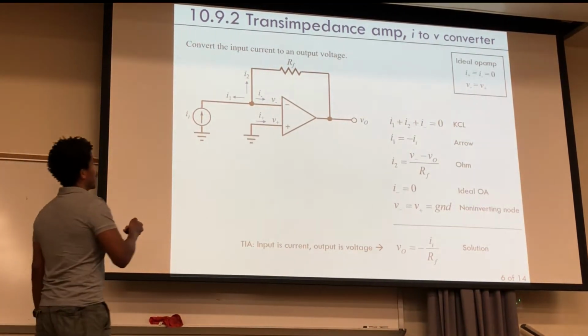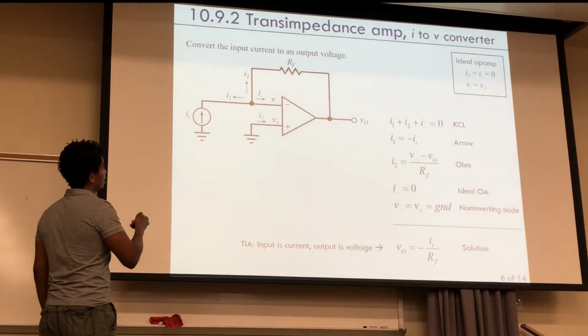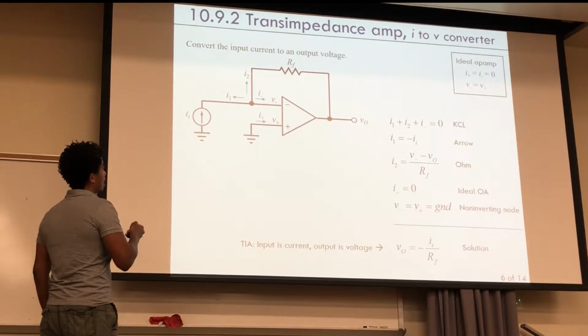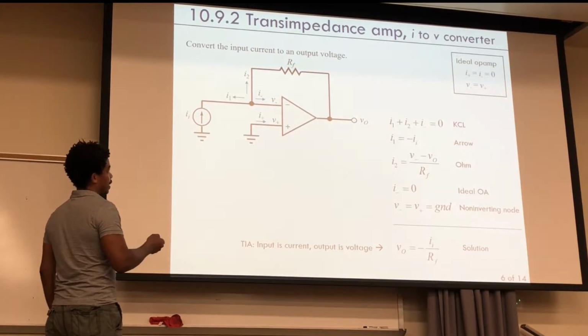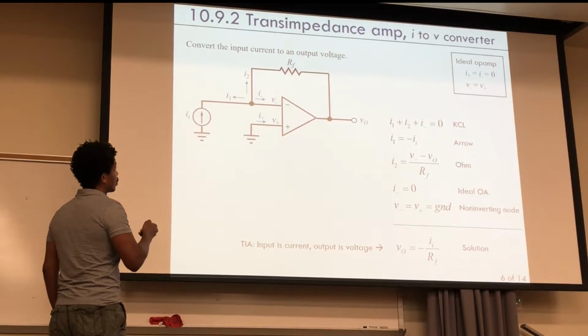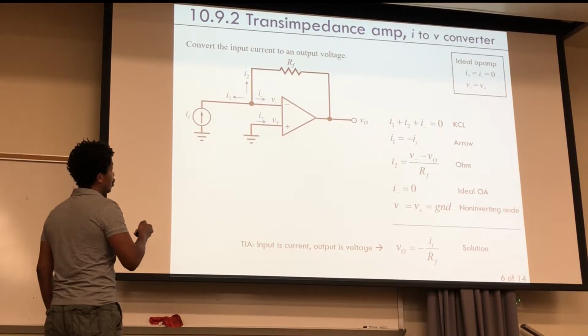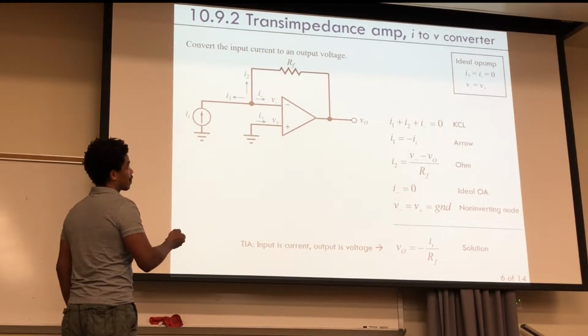So for example, if I had I2 and that arrow was pointing into the node instead of out of the node like it is, and I define all things going out as positive, that would be positive I1. The I2, if that arrow was going down into the node, I would call that negative I2.